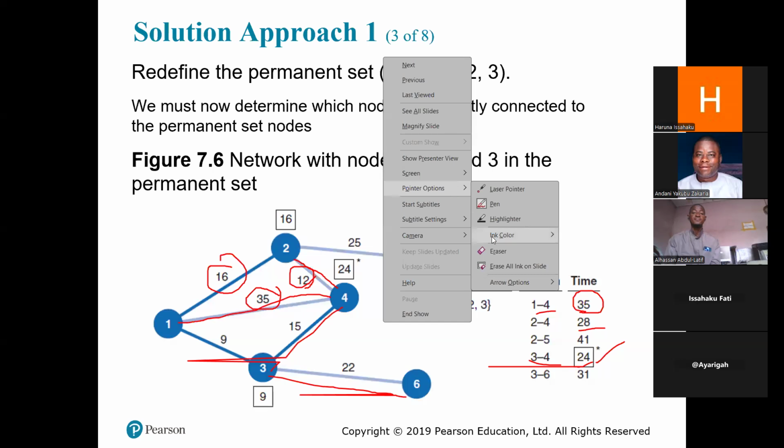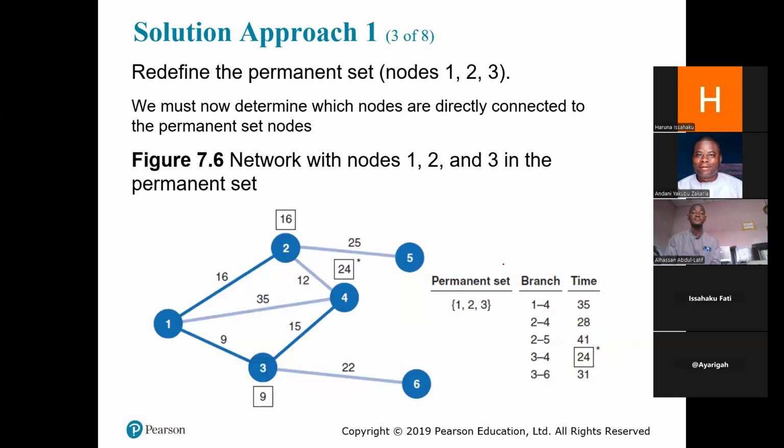So let me erase. Then, therefore, what we are saying is that if you are at 1 and you want to go to 4, the shortest way to get there is to move from 1 to 3 to 4.